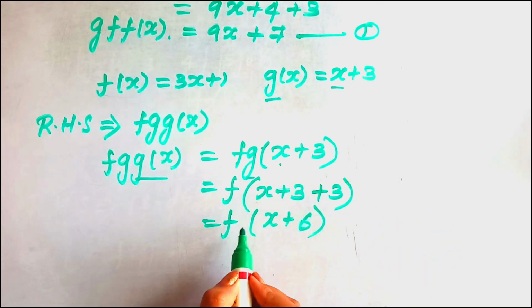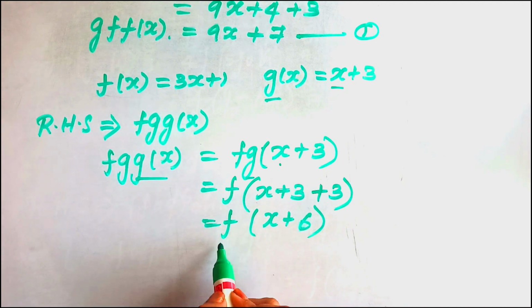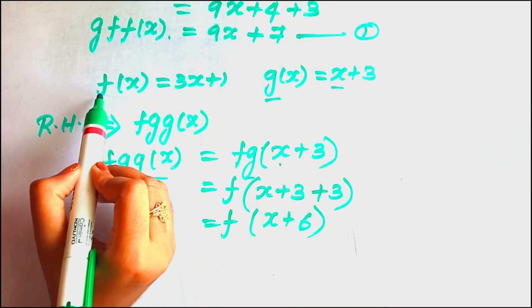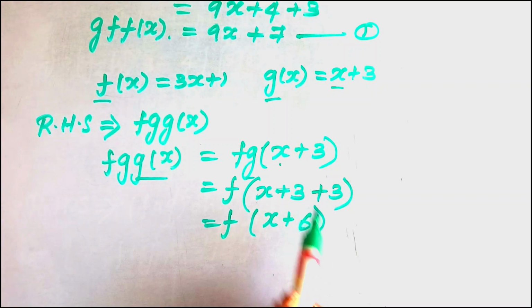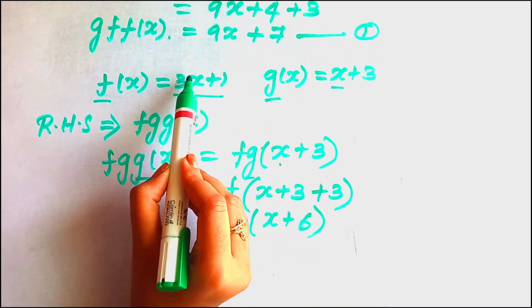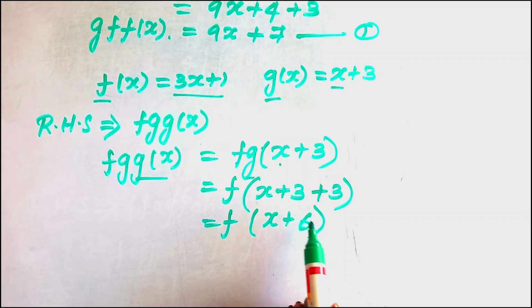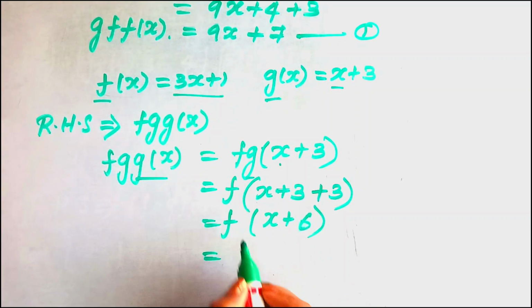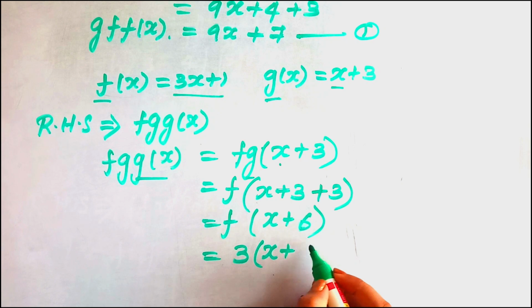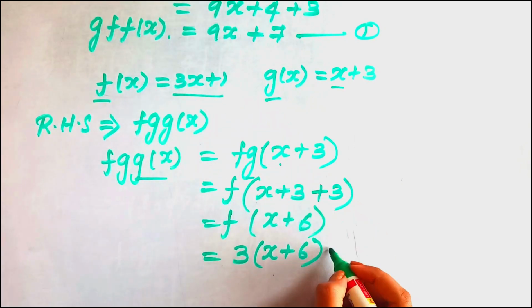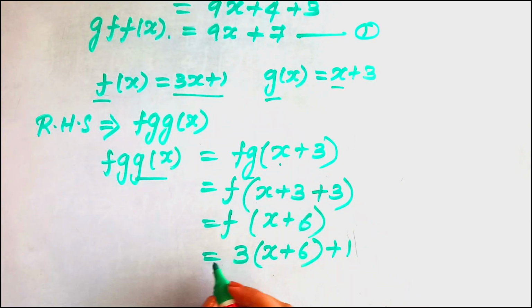Right, now let's see f of x plus 6. The function here is f, and in the place of x we have x plus 6. So in the equation, in the place of x you have to substitute x plus 6. The equation is 3x plus 1, so we have 3 here, and in the place of x you substitute x plus 6, and here it will be a plus 1, right?